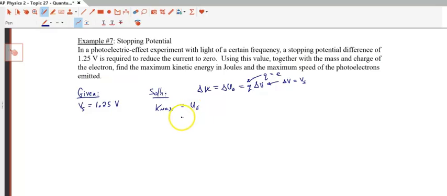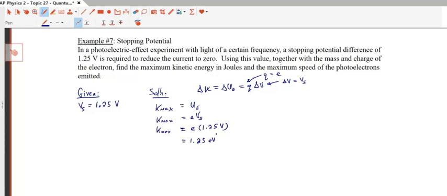So K max is equal to e multiplied by V sub S. If the stopping potential is 1.25 volts, then the kinetic energy, if you put the e beside the V, is 1.25 electron volts of energy, which is really convenient. This is how much energy those photoelectrons had as maximum kinetic energy.